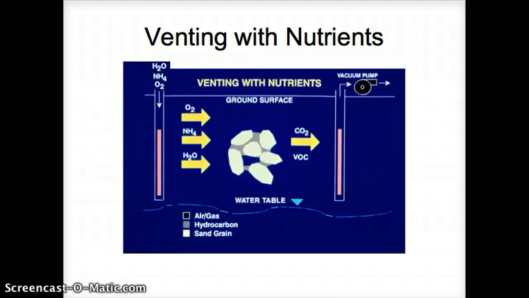You can also do bioventing with nutrients, injecting here, in this case, ammonia and oxygen, and then having that gas pass through the contaminated soil and collecting that air through soil vapor extraction.